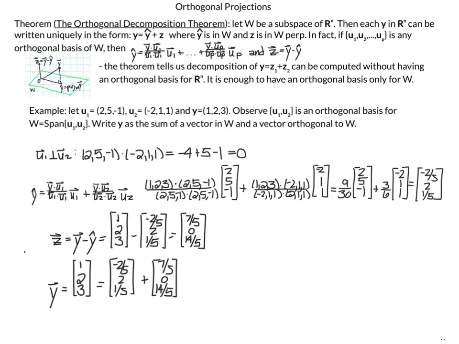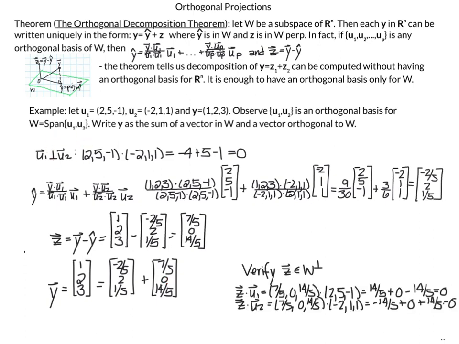First, we want to verify y hat. Well, it is a linear combination of u1, u2, so we do have y hat in W. Then we have this calculation for z, and we can also verify that z is perpendicular to u1 and u2, which I have here. z dot u1 is 7/5, 0, 14/5 dot my u1, which is 2, 5, negative 1, and that's equal to 0.